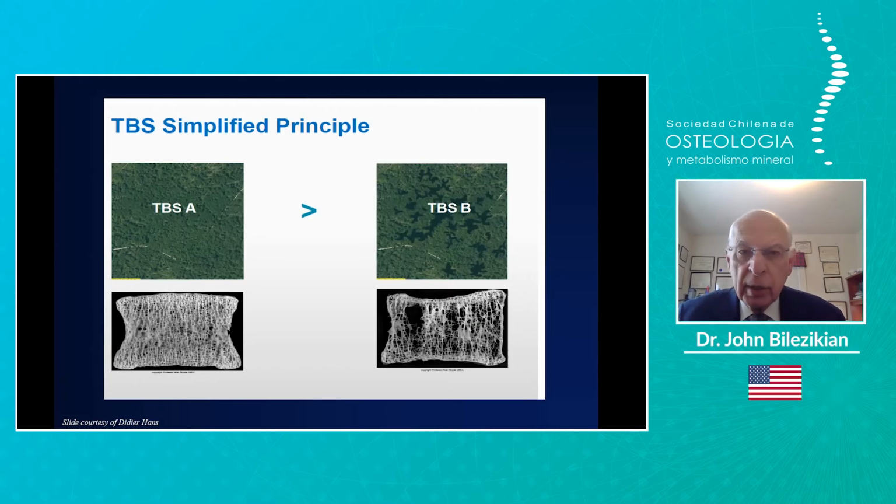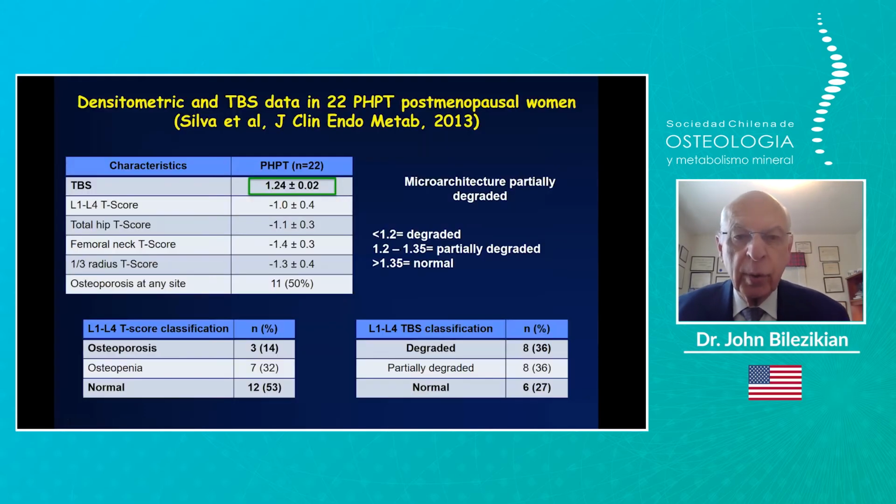Using the trabecular bone score, we've been able to show that the typical patients with hyperparathyroidism have a degraded skeleton, typical of reduction in trabecular bone, compared to DEXA, where we don't see this very much.